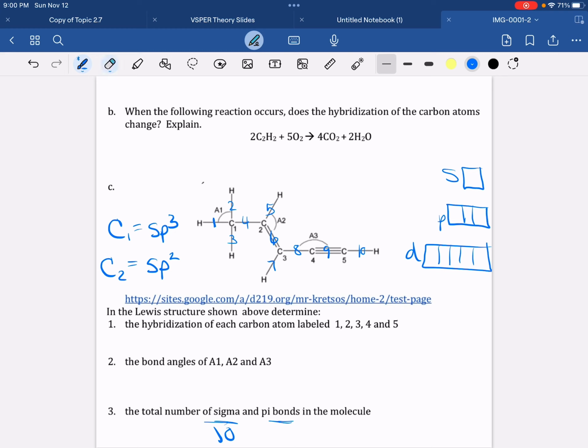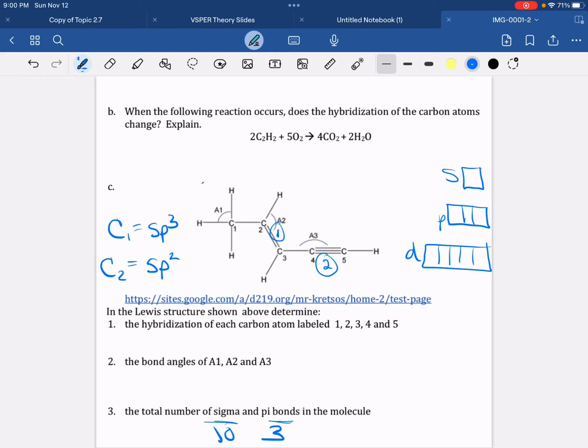Then if we look at our pi bonds, we have 1 pi bond and we have 2 pi bonds. So we have 3 pi bonds. Remember, a double bond is 1 single and 1 pi. A triple bond is 1 single and 2 pi.